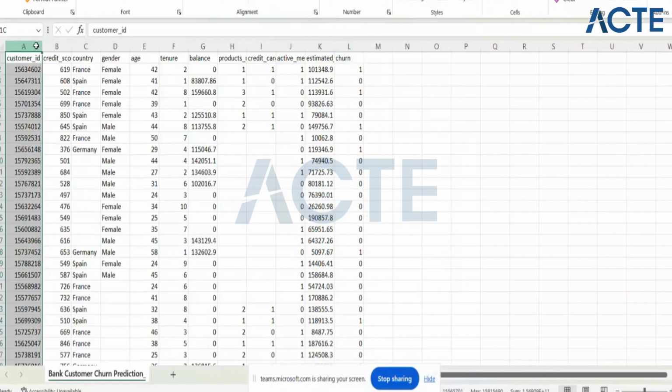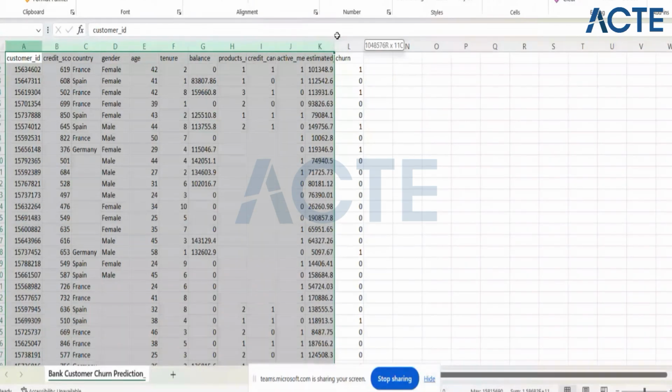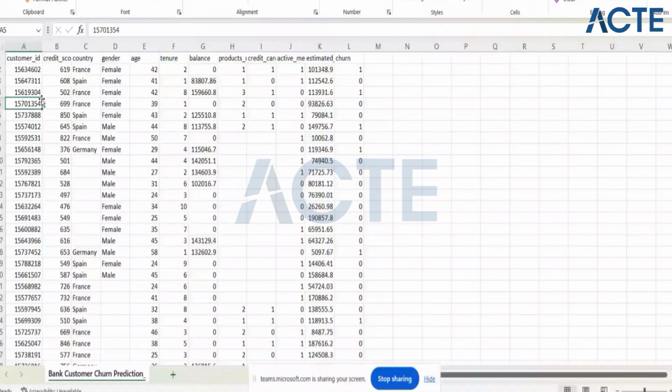So the 12 columns are divided with different kinds of data, right? Every column does not have the same kind of data. Every column has a different name, different attributes, and different characteristics. Now, column number 1, what is the content? Customer ID.